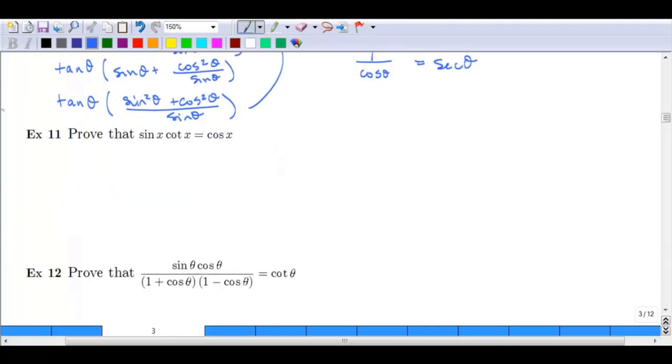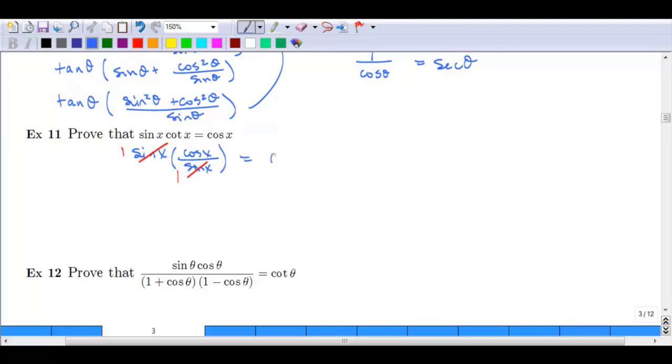Let's take a look at another example. We've got sine times cotangent. We can go simply with the trig identities. Sine of x, cotangent is really cosine of x over sine of x. Simplifying sine over sine to get 1. Again, this is not 0, this is 1.